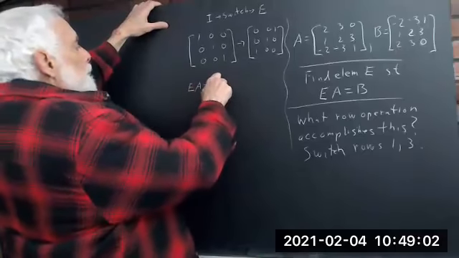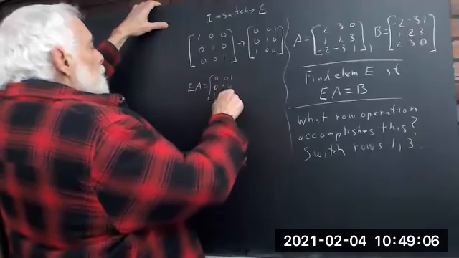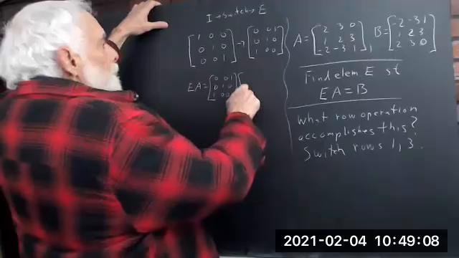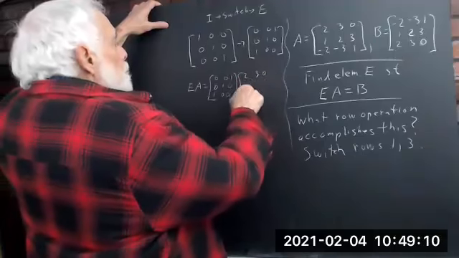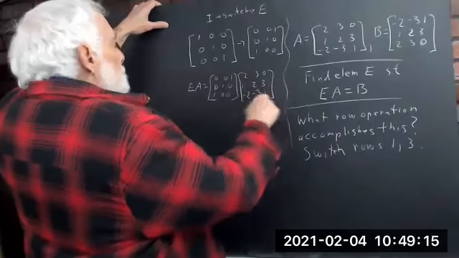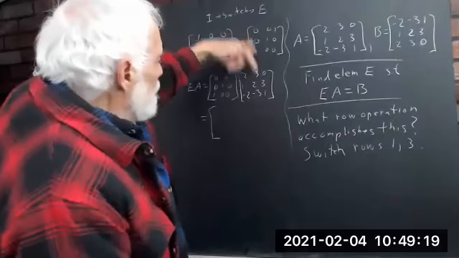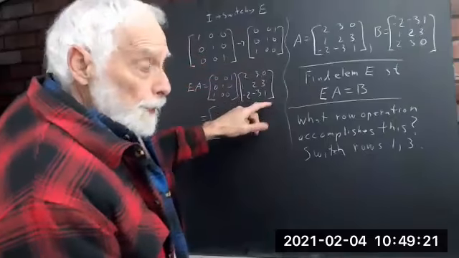EA then equals 0, 0, 1, 0, 1, 0, 1, 0, 0, multiplied by 2, 3, 0, 1, 2, 3, negative 2, negative 3, 1. And that equals what? Well, 0, 0, 1 times any column, you're just going to pick out the last number in the column.